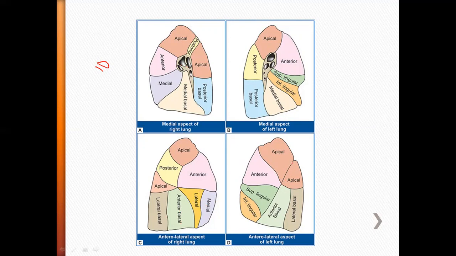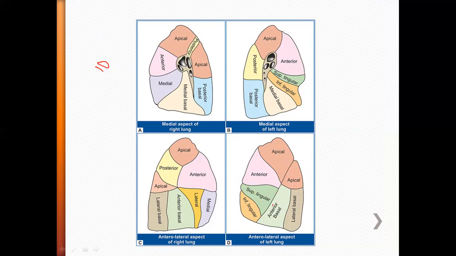Let's see this one. This is our left lung, with the oblique fissure. This is our upper lobe, this is our lower lobe. The upper lobe is divided into apical, anterior, superior lingular, then inferior lingular. The lower lobe is divided into apical, anterior basal, and lateral basal.